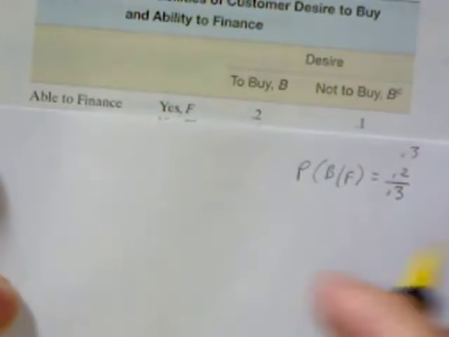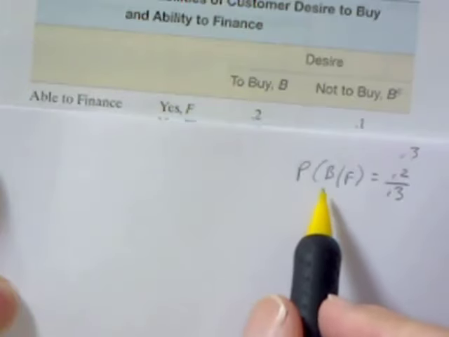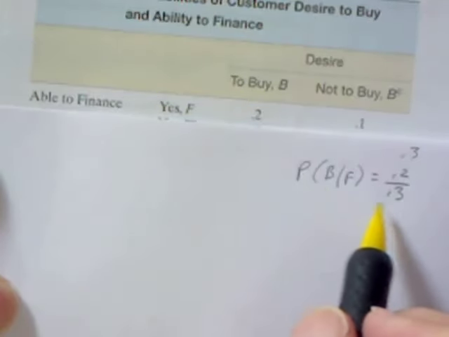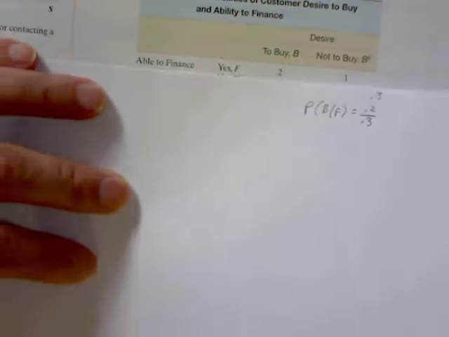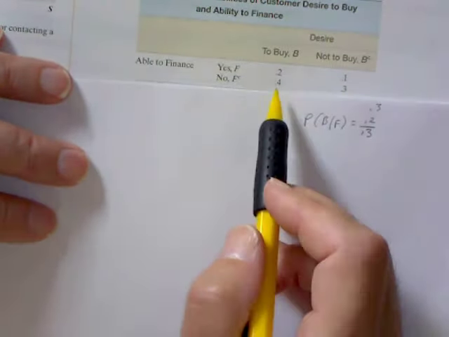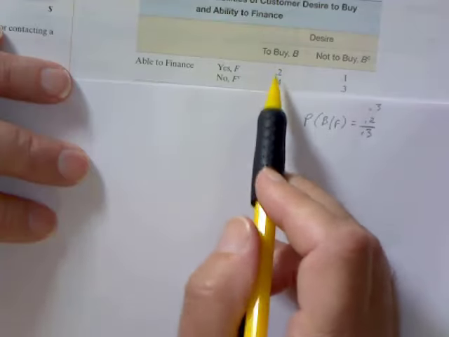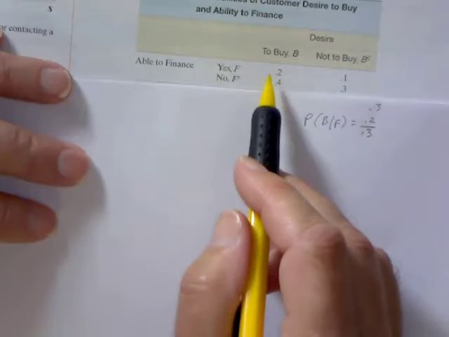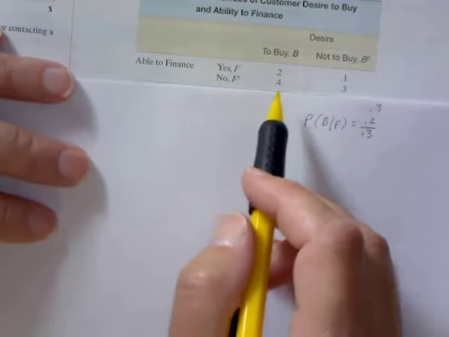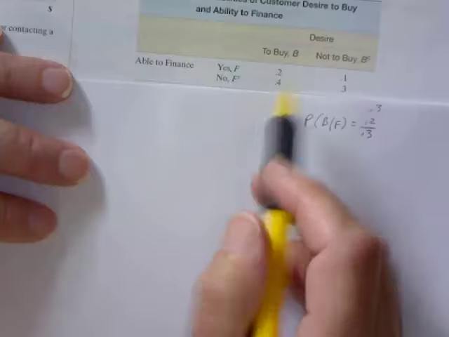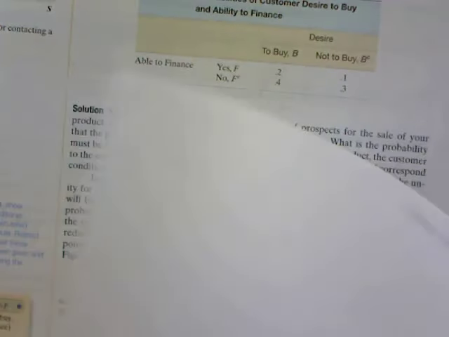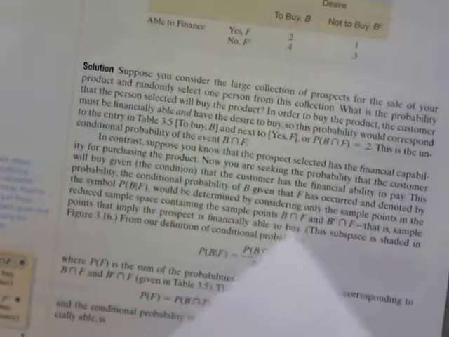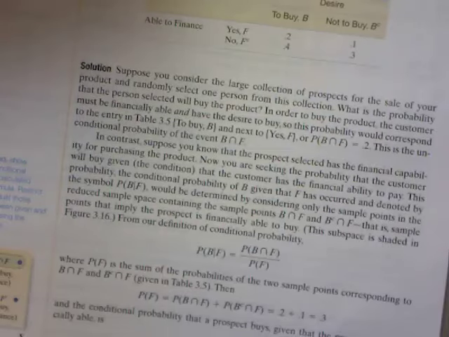The probability that they don't buy, given that they've got the financing, is 1/3. So these are very useful. You could also say, given that they have the desire, what's the probability that they're able to finance? So, well, based on this, it looks like it's 2/6. So these tables are a very useful way to look at conditional probabilities.